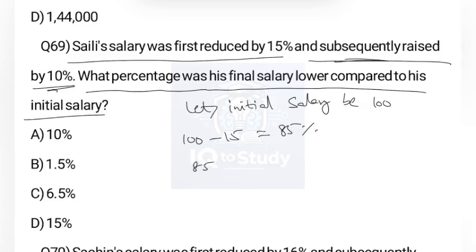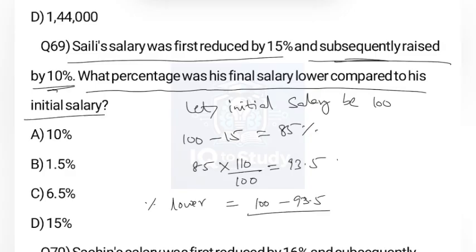It means 85 into 110 by 100, that is 93.5. So the percentage lower is equal to 100 minus 93.5 by 100 into 100, that is 6.5%.